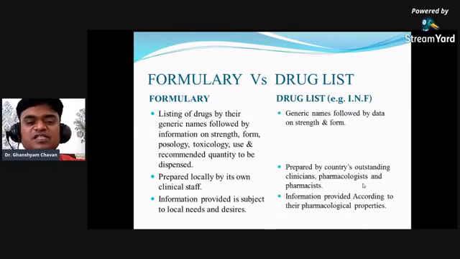And in the case of a drug list, the information is provided according to pharmacological properties. So in this fashion, there is a differentiation between formulary and drug list.